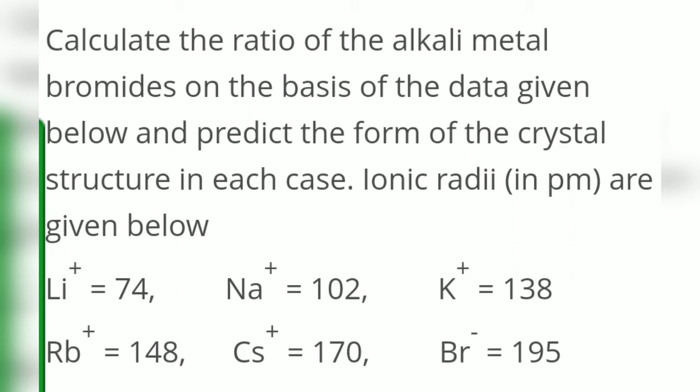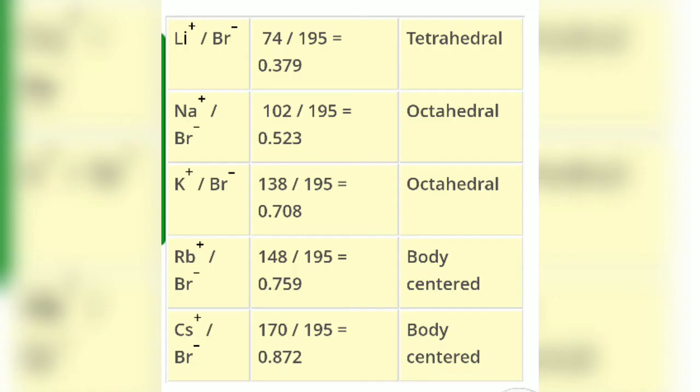Now try to understand the question. The question is to calculate the ratio of alkali metal bromides. So we are going to talk about alkali metal bromides. The ratios are already given to you for each one. First is lithium: Li plus divided by Br minus. In each case we have to do the same.